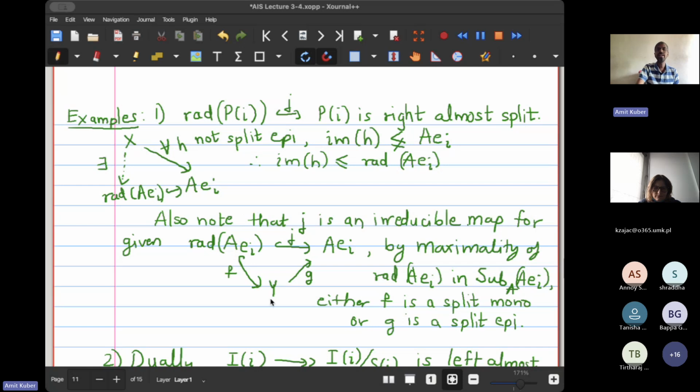You try to factor it from F to Y, as GF. What can you say about F? Because J is a monomorphism, F is a monomorphism. Basic category theory. And by maximality of the radical inside the collection of submodules, a maximal proper submodule, either F is a split mono or G is a split epi.